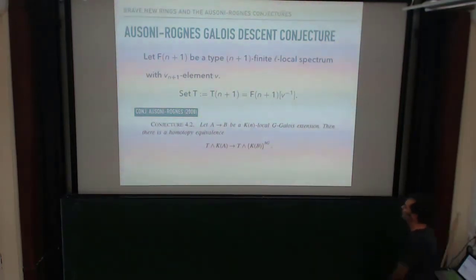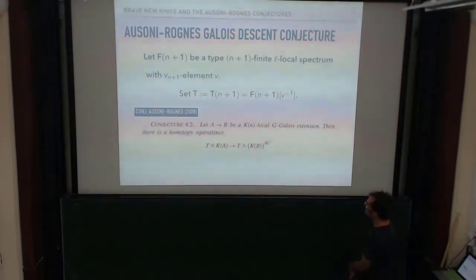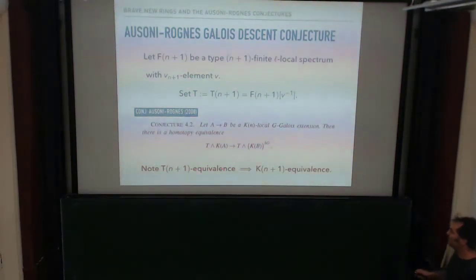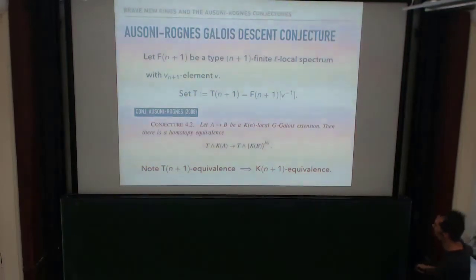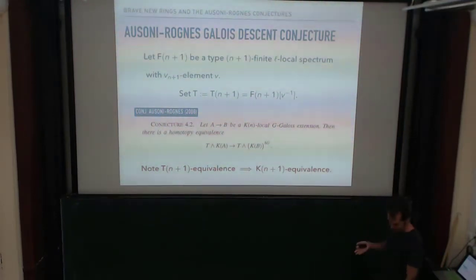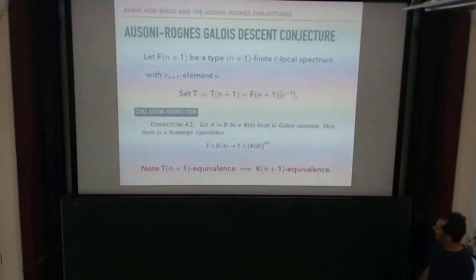Or maybe they mean both. An important thing to know is that if I had this T-equivalence, then this implies that it's also a K(n+1)-equivalence. That is, I'll have a map from K(A) to the homotopy fixed points of K(B), and that's a K(n+1)-local equivalence.